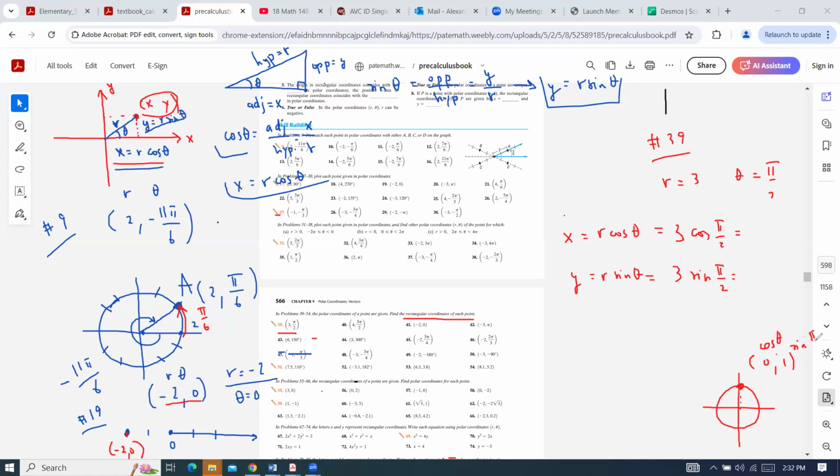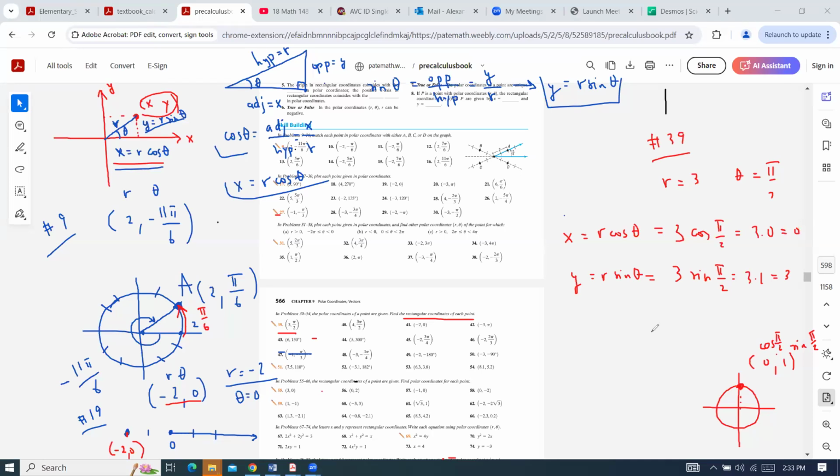Sorry, I shouldn't have put theta, it's pi over 2. So we can replace those in. Just need to put numbers: instead of cosine, 0; instead of sine, 1. So this will be 0 and this will be 3.